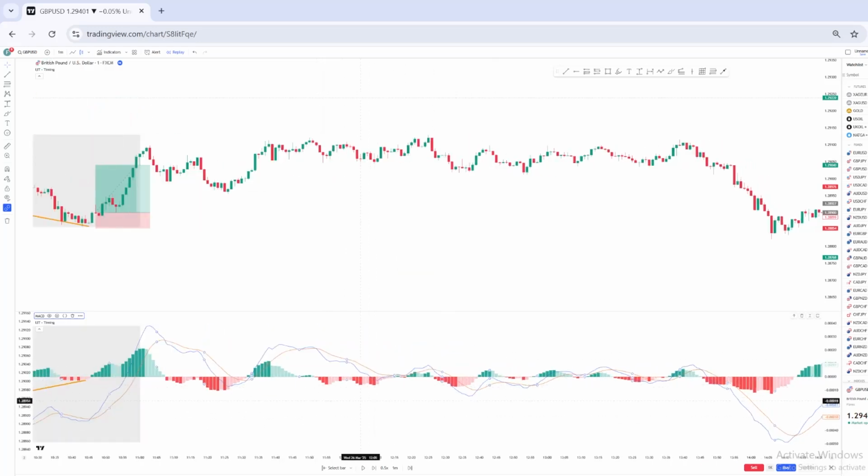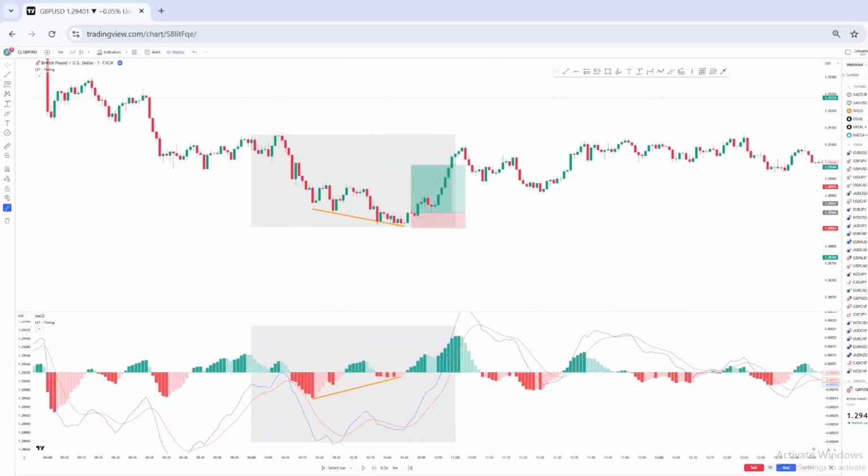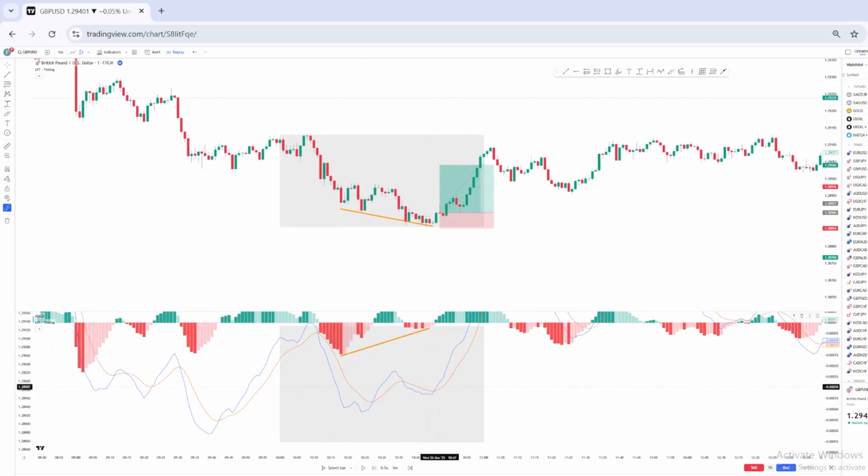These lines signal us, you see here, this here, and here, these almost like EMA crosses, right?